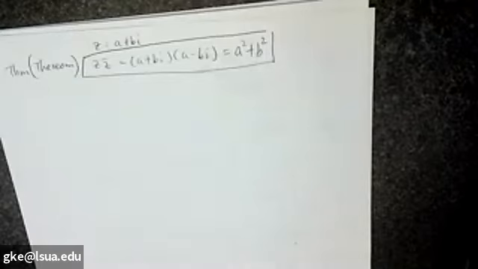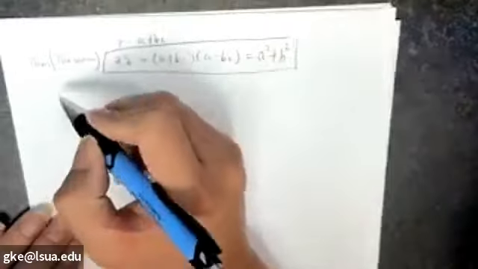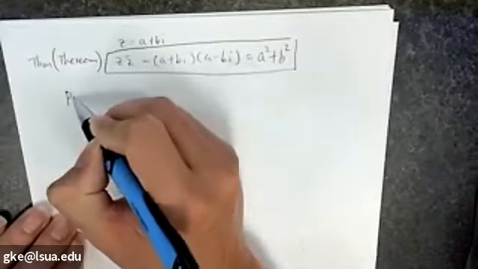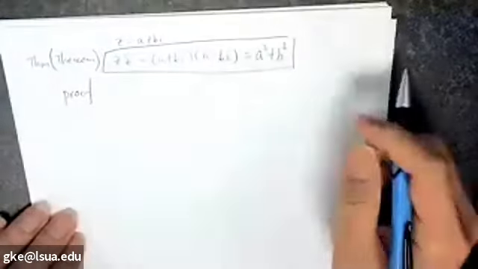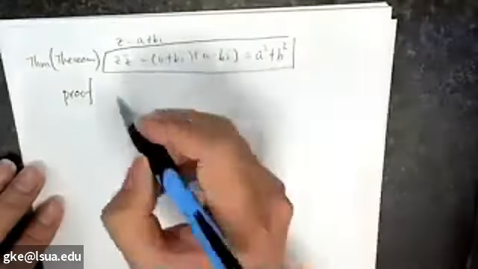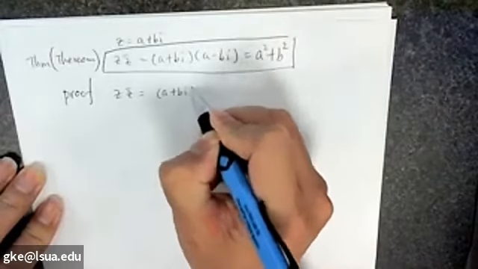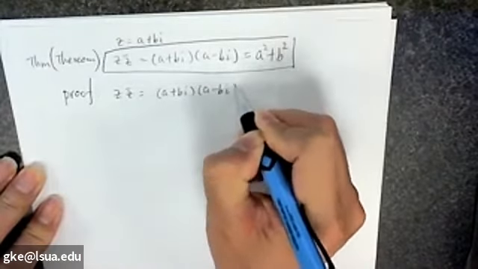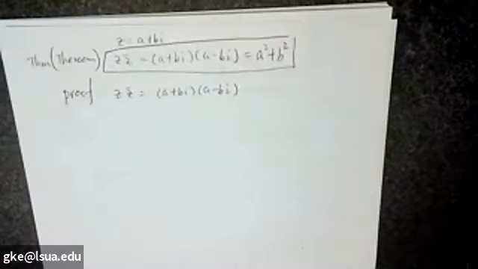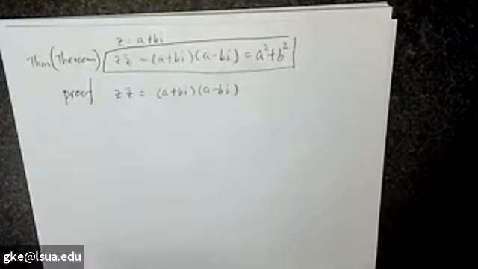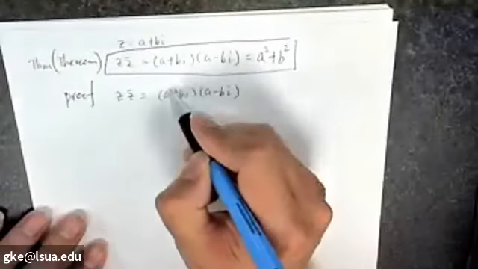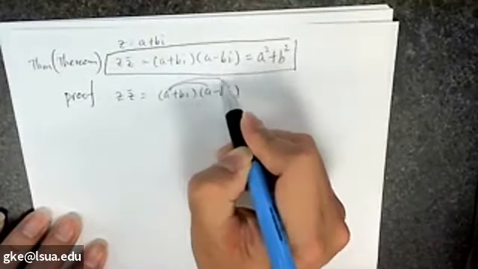Of course, I can prove it. If I give you a theorem, you need to prove it, then you can check whether it's true or not. Proof. Okay, let's prove it. Of course, we're going to use the multiplication property, so we do the distribution.